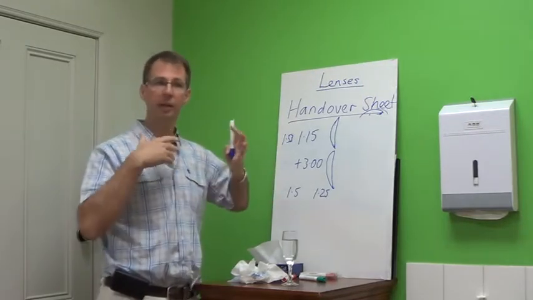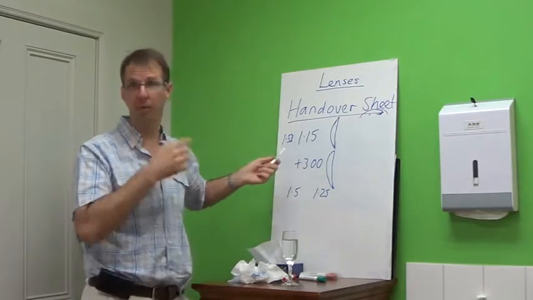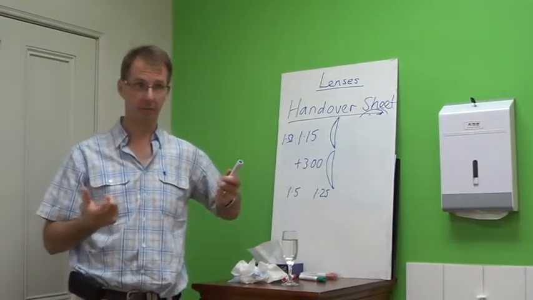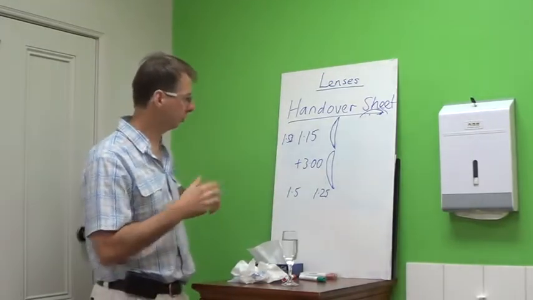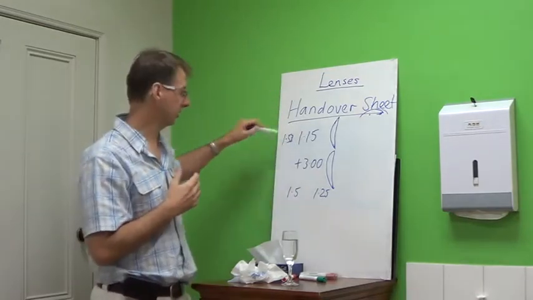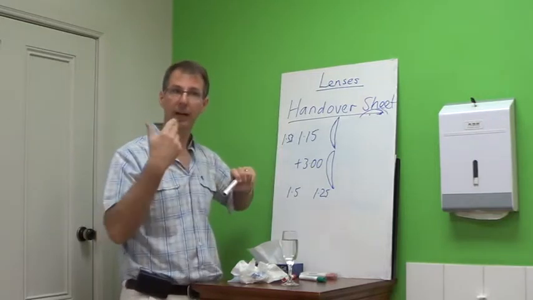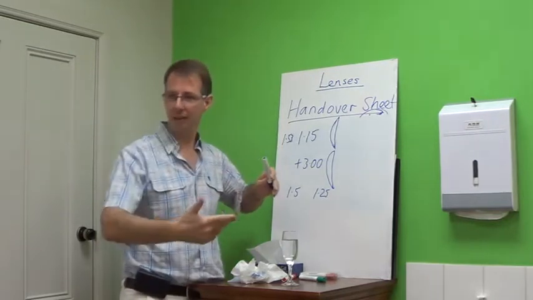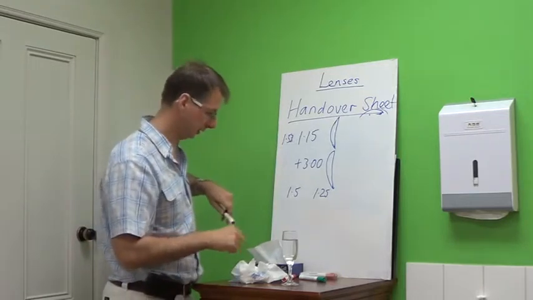It might be lighter, but not that much lighter than the next material, but it will look cosmetically a lot thinner. So there are different features and different benefits. As a general rule though, there's not a huge difference in the specific gravities. The index is what makes more difference, but there are other features which we'll talk about, like aspheric and how things are made, and grind versus non-grind to make differences in thickness.